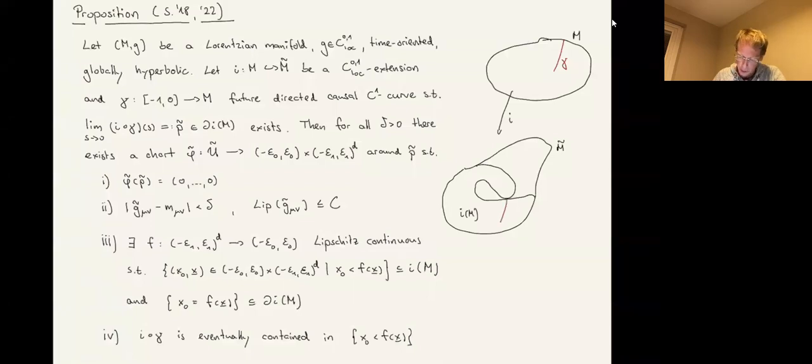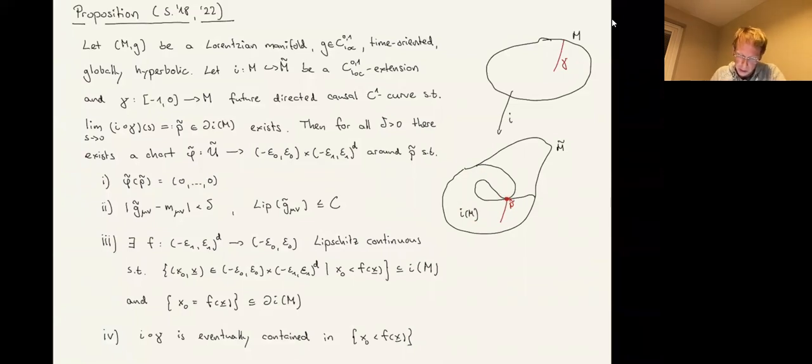And say here this curve in the extension goes to this point, P tilde. It has this limit point P tilde, which lies in the boundary. And here I've drawn the case that can occur that the original manifold lies on both sides here of this boundary point.